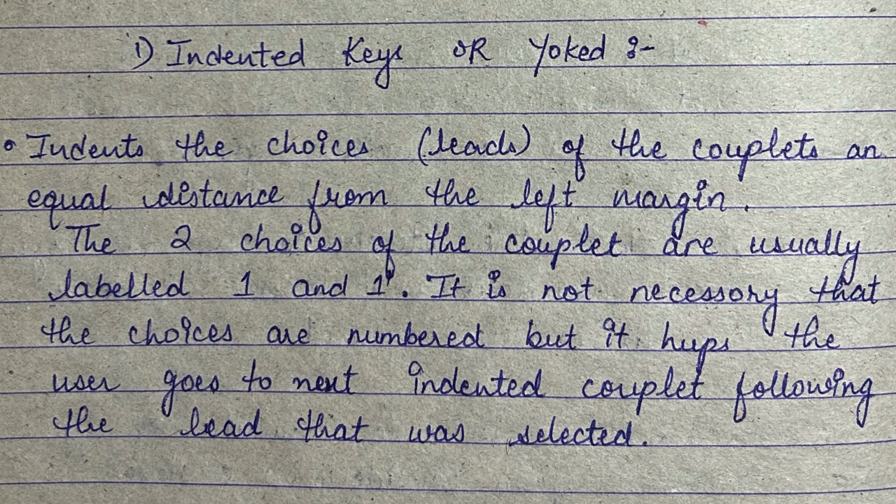The second choices of the couplet are usually labeled first and a dash. It is not necessary that the choices are numbered, but it helps the user go to the next indented couplet following the lead that was selected.